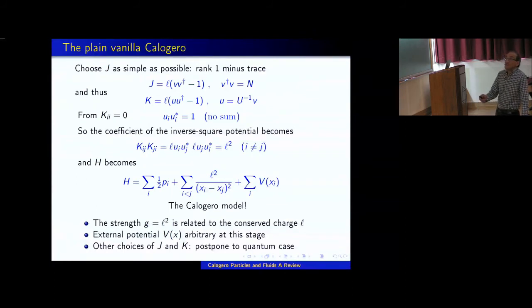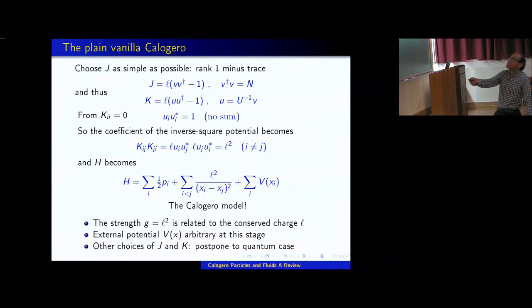Because the trace of J is 0, J is a commutator, you cannot choose it to be proportional to the identity matrix, a constant. That would be the next best choice. So you say that the best you can do is to put it equal to a constant minus an operator of rank 1 that would subtract the trace. So you put it equal to L times VV dagger, which is the projection.